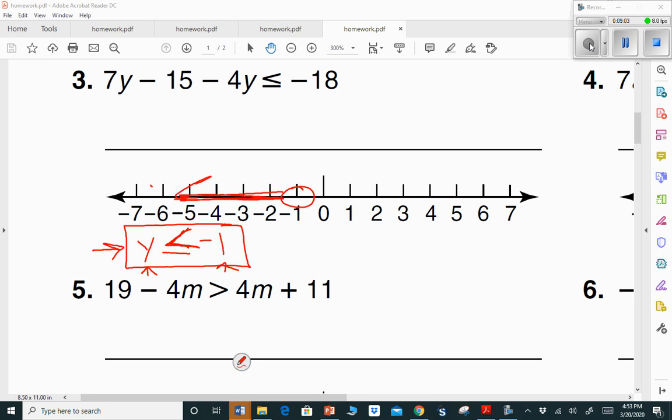Put the arrow on the end because it goes on forever. And then determine, are we going to fill in that circle or aren't we? All you need to know is, do we have the or equal to or not? We do. So we're going to fill in that circle. This says that x is less than or equal to negative 1, or I guess it's y.